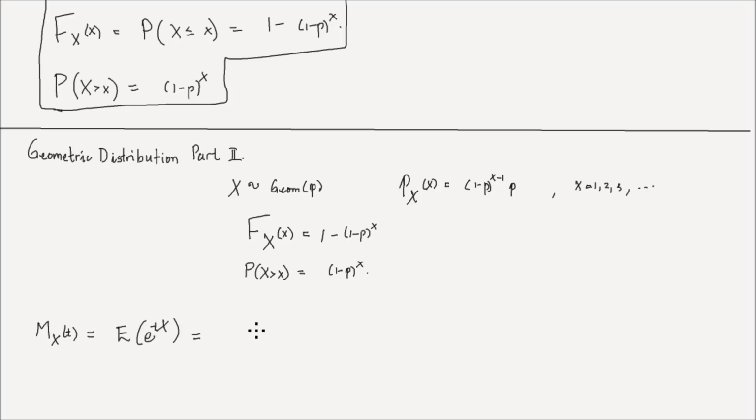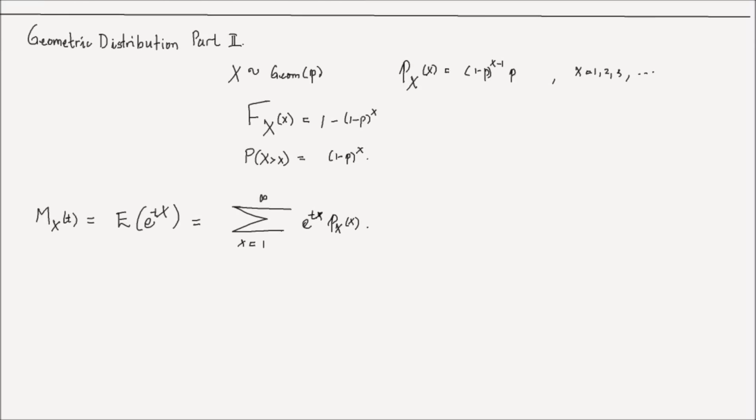So this is the same as the summation, x starting from 1 to infinity, of e to the power of t times x, times the PMF. And that is equal to the sum, x starting from 1 to infinity, of e to the power of t times x, and the PMF is (1 minus p) to the power of x minus 1 times p.